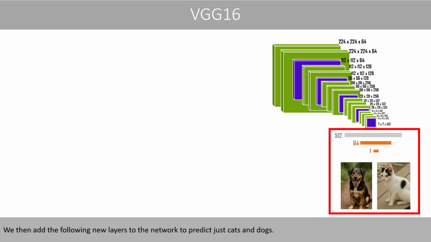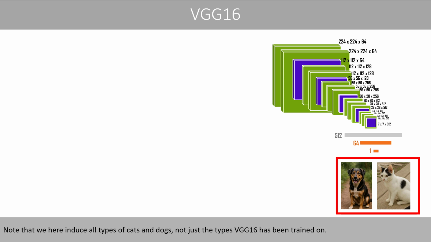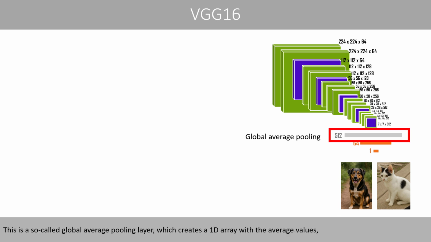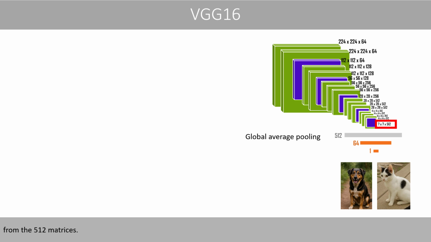We then add the following new layers to the network to predict just cats and dogs. Note that we here include all types of cats and dogs, not just the types VGG16 has been trained on. This is a so-called global average pooling layer, which creates a one-dimensional array with the average values from the 512 matrices.